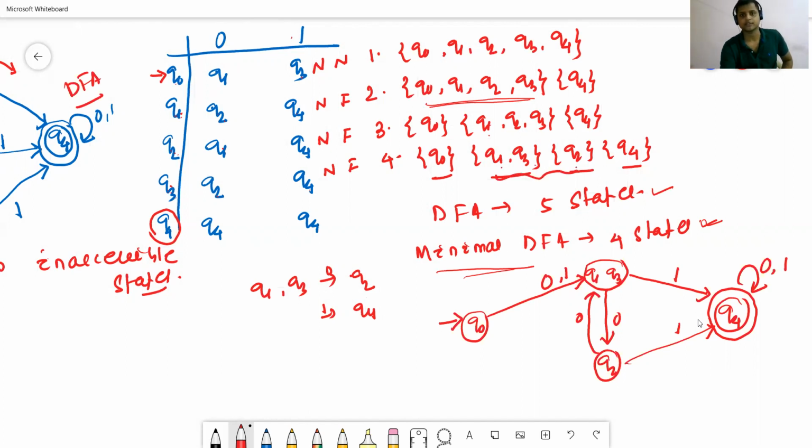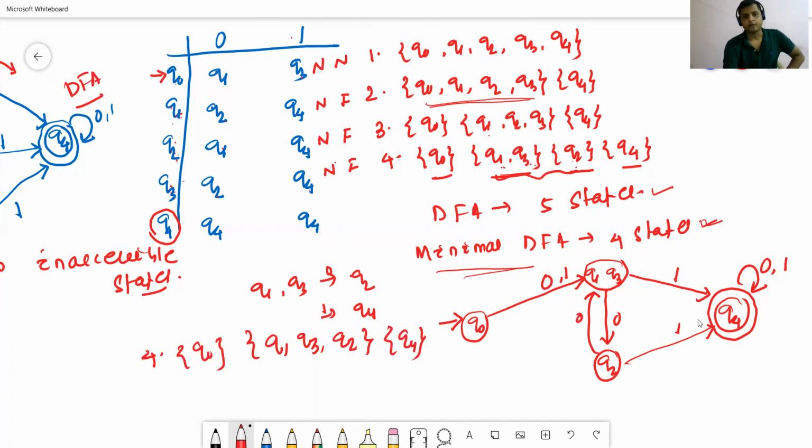In some books or notes you can see they merge Q1, Q3, Q2, because Q1, Q2, Q3 reading 0 go to a non-final state, and reading 1 go to the final state. Then the minimal DFA contains only 3 states.